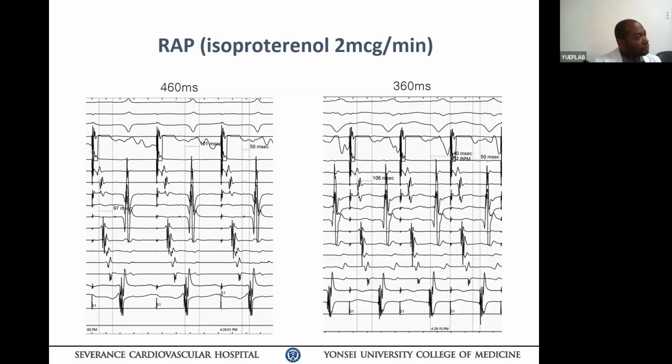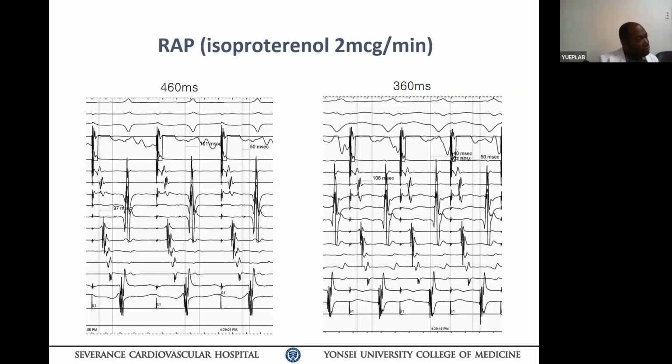Thank you. I appreciate the precise and very clear lesson. If I summarize, number one, we need to look for the His bundle electrogram very carefully. If the His bundle polarity and interval are the same, whatever the ECG shows, the pre-excitation or the aberration happens lower than the AV node.